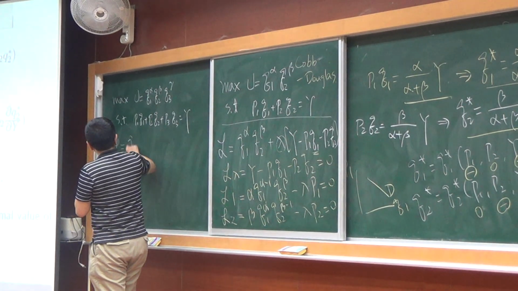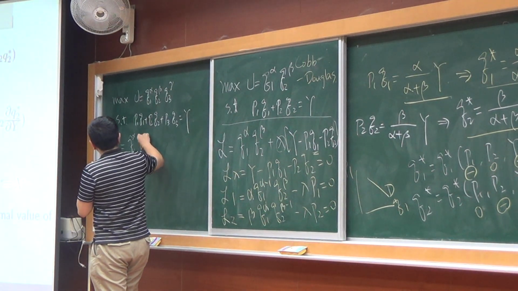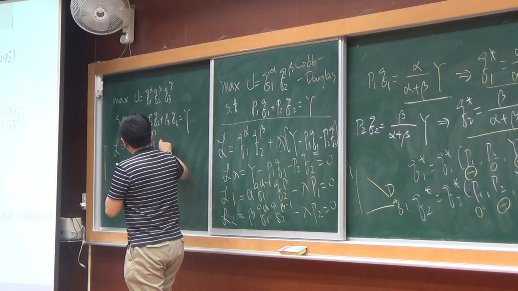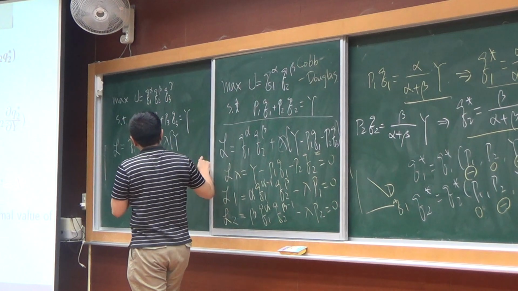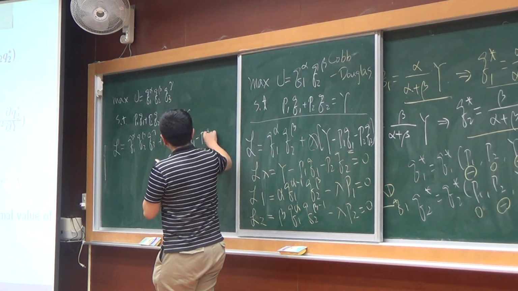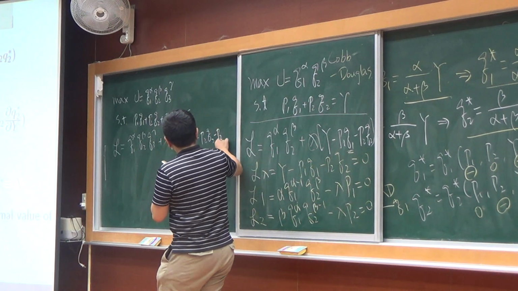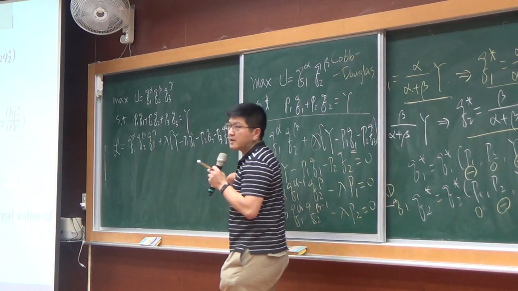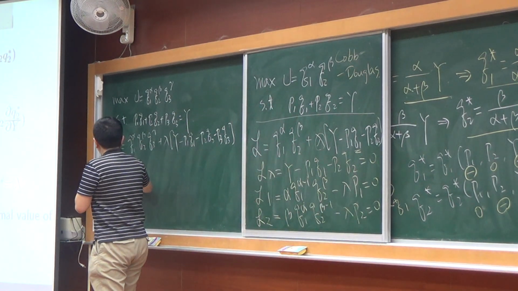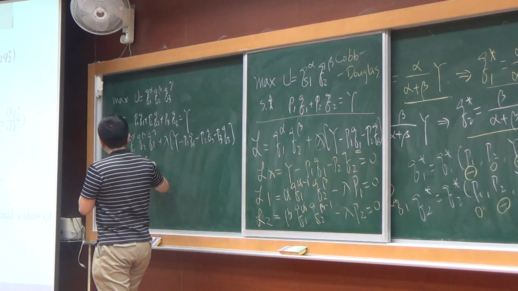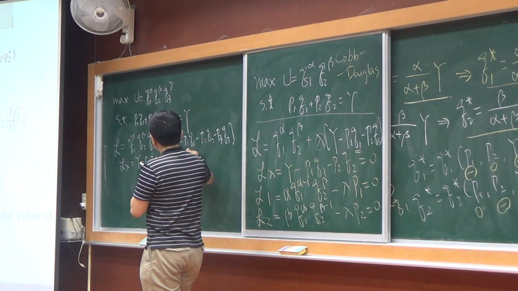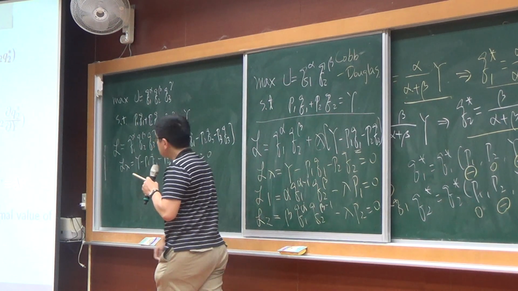Lagrange would be Q1 to the power of alpha, Q2 to the power of beta, Q3 to the power of gamma, plus lambda times the resource y minus P1 Q1 minus P2 Q2 minus P3 Q3, right? And the first order condition for lambda is y minus P1 Q1 minus P2 Q2 minus P3 Q3 equals 0.